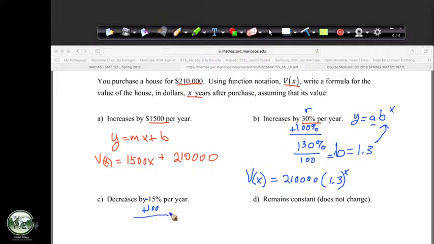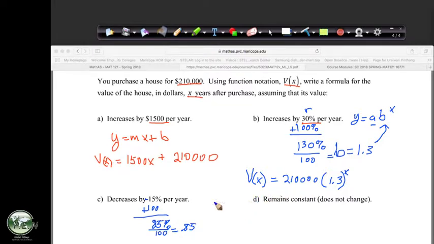So it's 100 plus a negative 15, which is really subtraction. It's 85%. And then again, we divide by 100 to turn it into a decimal, because the decimal is what we're going to use. So our base is 0.85.